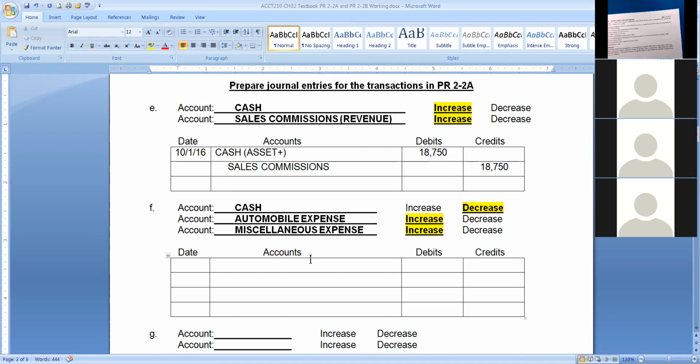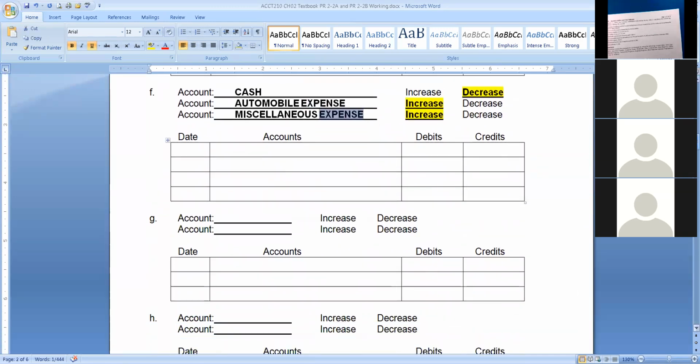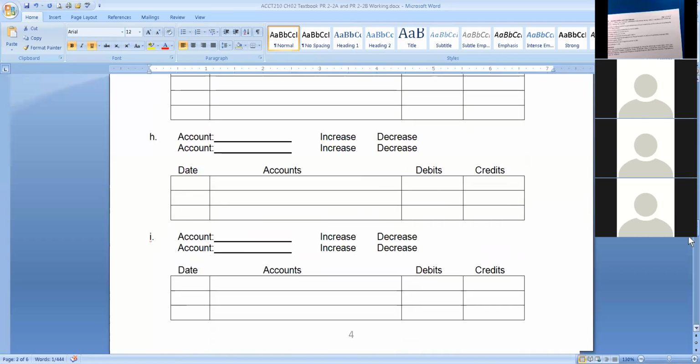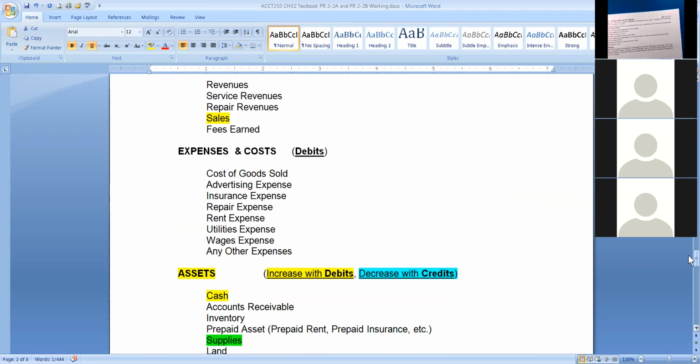Okay, now, expenses. You see an expense, you say, hooray. Well, probably not out loud, but any expense, automobile expenses are on here, but any expense is a debit.